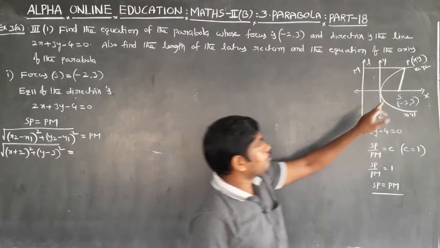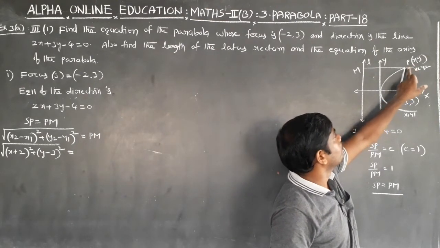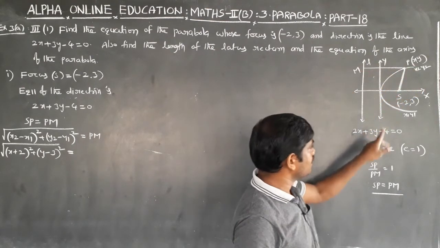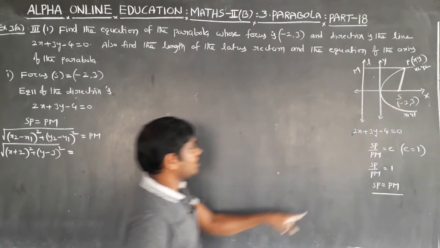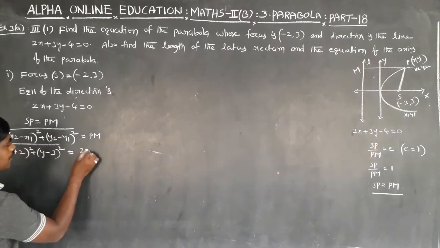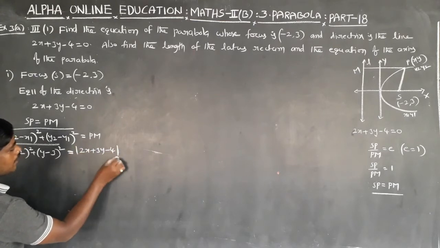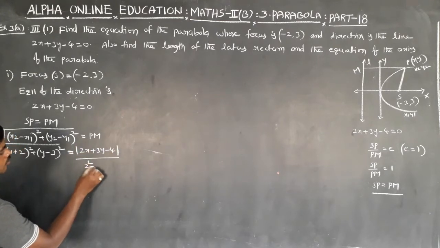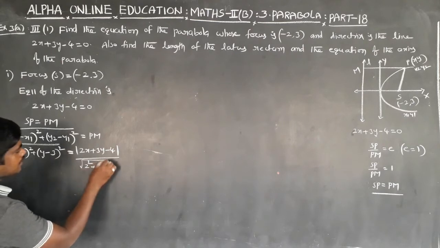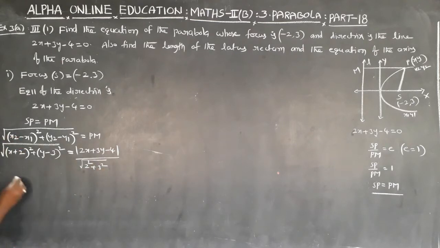PM means the perpendicular distance from P to the directrix. The perpendicular distance means (2x + 3y - 4) by under root of x coefficient square plus y coefficient square.